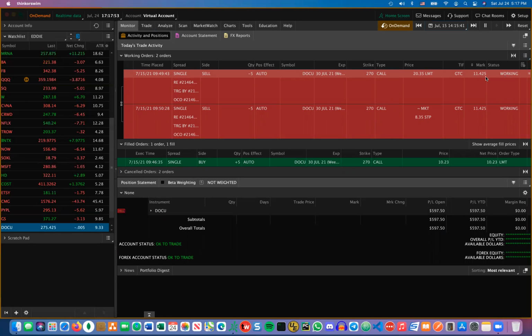So this is still a working order, and we are up about 600, just under $600. So that's a good thing. This is probably going to be a swing trade, and that's why in fact we set this up to GTC so that it doesn't kick us out overnight, right? And so we're just going to let this one bake. We are sitting at 597.